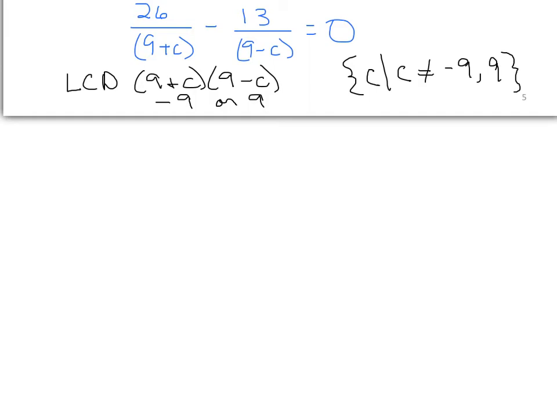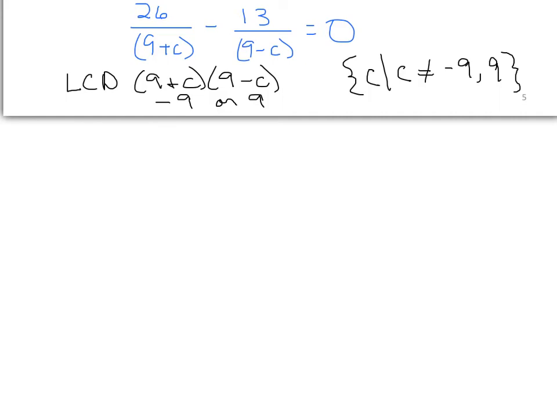So now we go through this again and do what we did before, or let's do it in such a way that if we multiply everything by the least common denominator, what happens? This is the same thing we've been doing, but it looks a little differently.